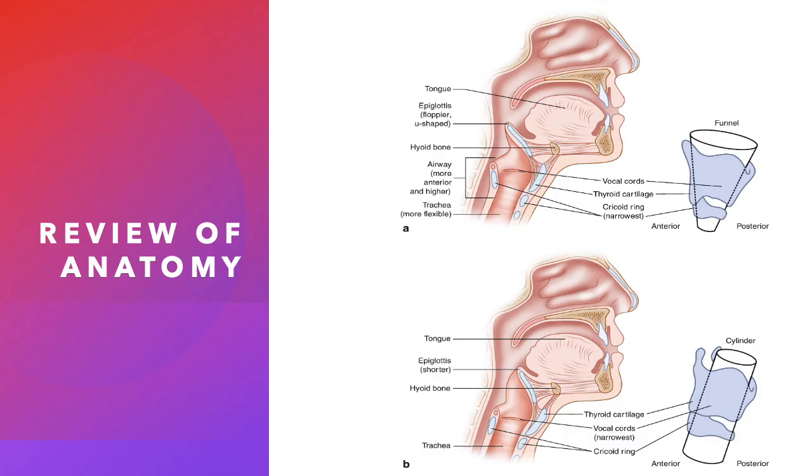This is the slide showing pediatric and adult airway. Figure A is pediatric airway and figure B is adult airway. As you can see, the tongue occupies a major portion of the mouth in pediatric airway, whereas the proportion of area of mouth occupied by tongue in adult airway is considerably less.